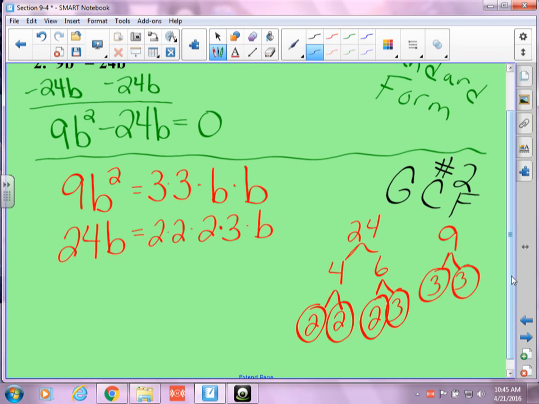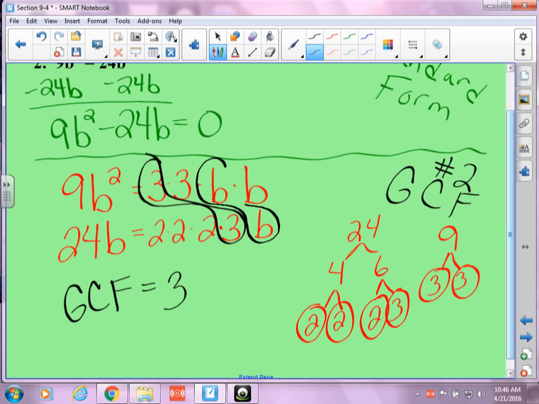Okay, and this is a little bit diagonally. If you want to scooch the numbers so that they're right underneath each other, you can. I've got a 3, greatest common factor is a 3 and a b.